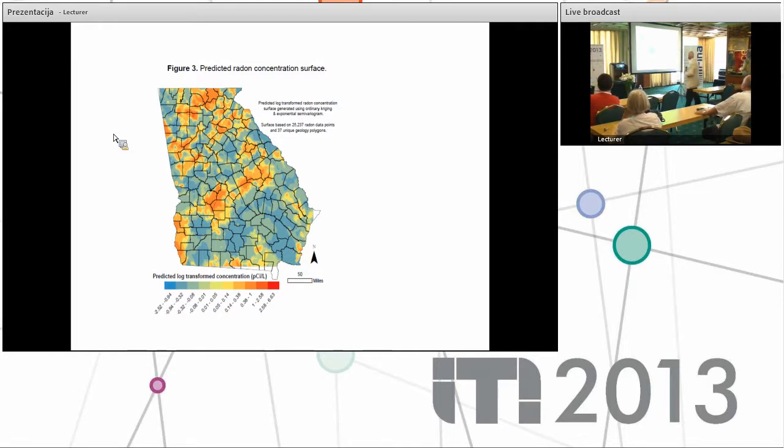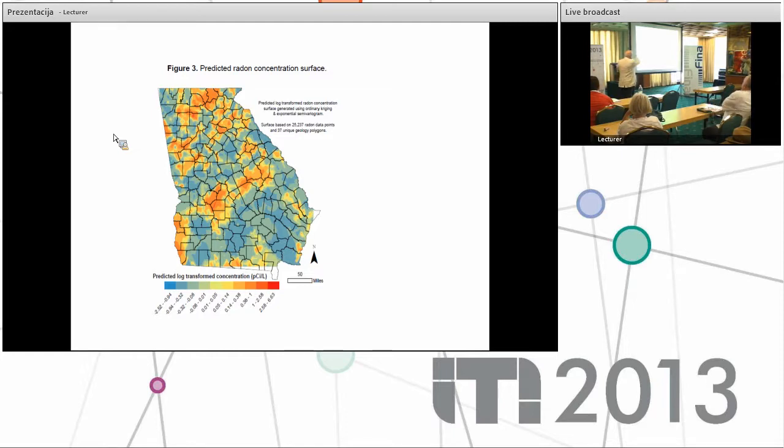And then we did the same, so we had measured radon from the houses, where people get the little disc and you put it in your house and you can measure how much radon gas is in your house. So we took all of the data for Georgia and did the same thing using kriging and GIS methods.